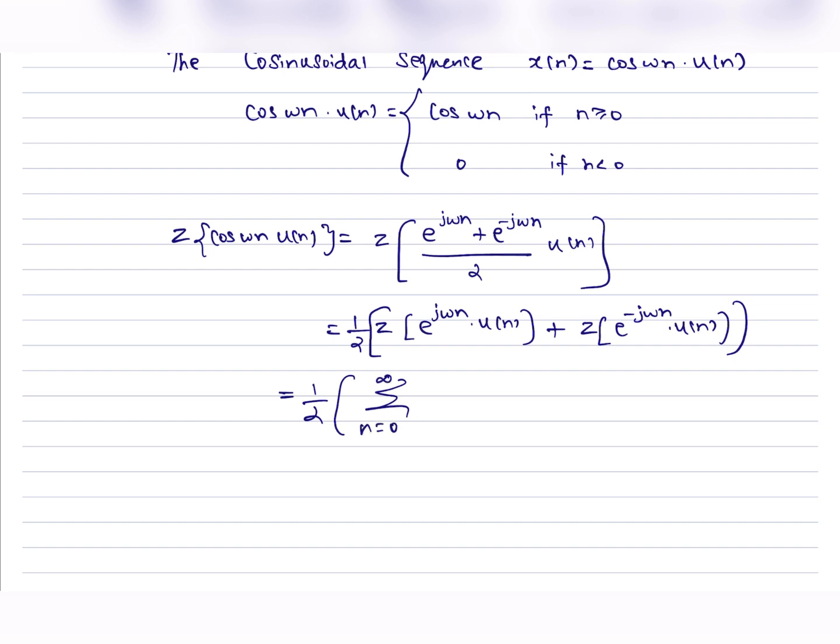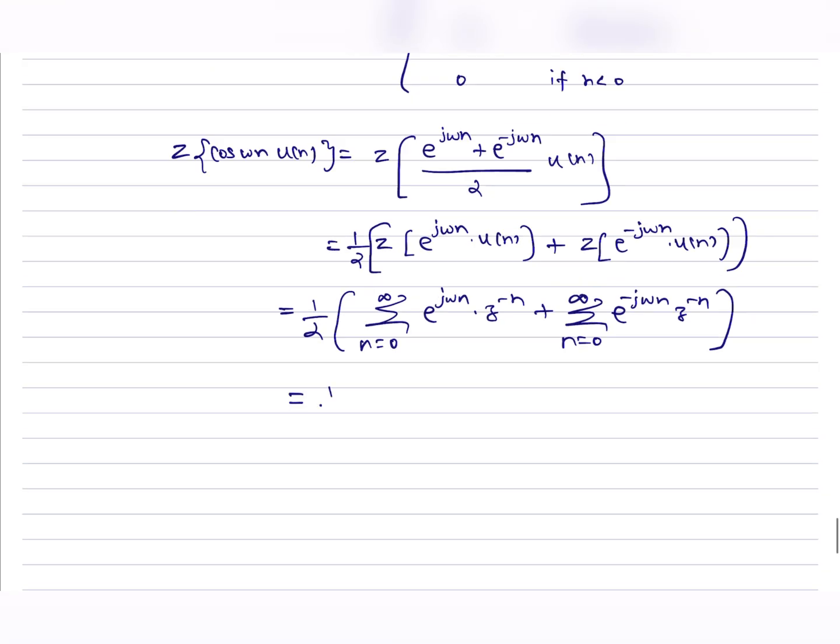Now for the first term, you have summation n equal to 0 to infinity e to the j omega n, and u of n becomes 1, and z power minus n is the formula, and the same way we can express the second term with the negative exponential.